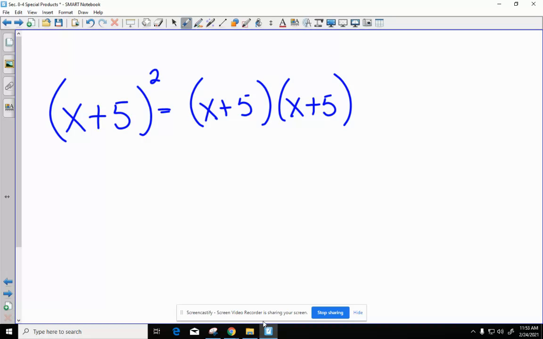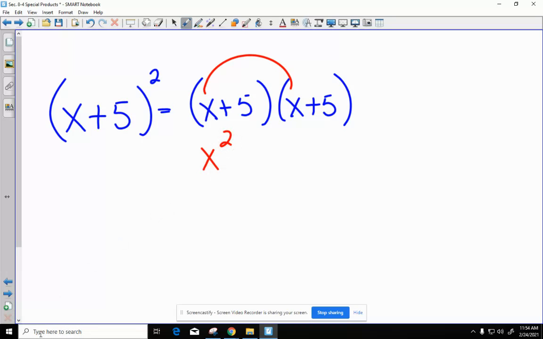All right. Good. So first, outer, inner, last. This would not have a 2 in there because x times x is just x squared. As I put my first terms together, what do I get? Good. So x times x is x squared.